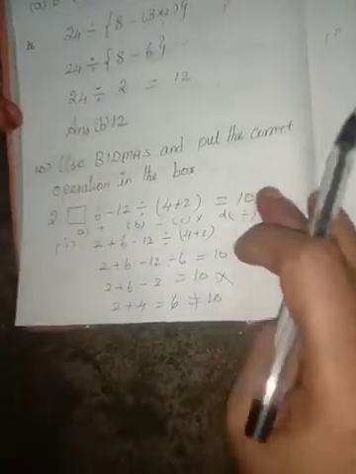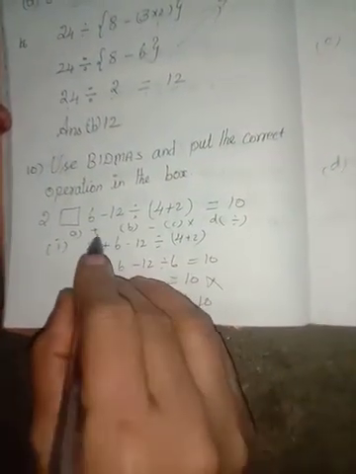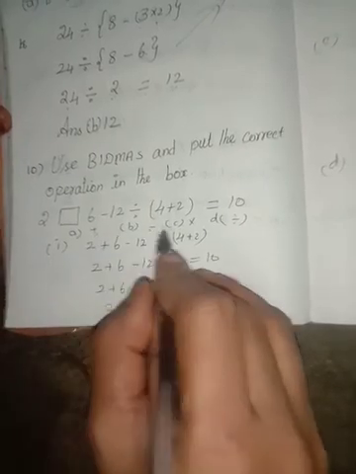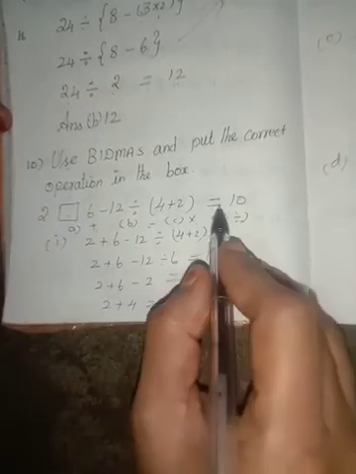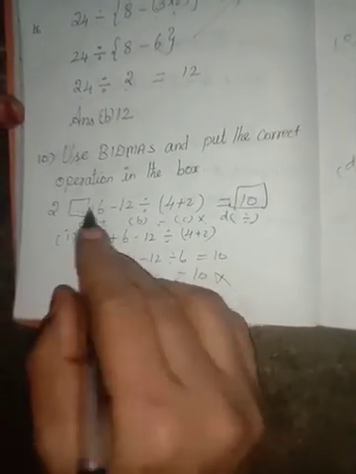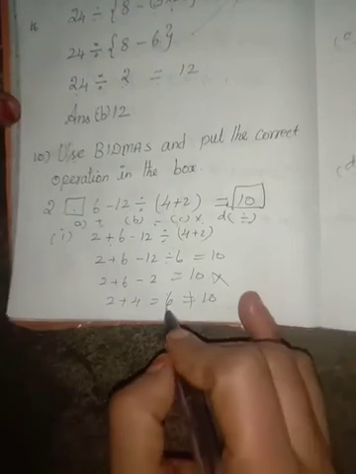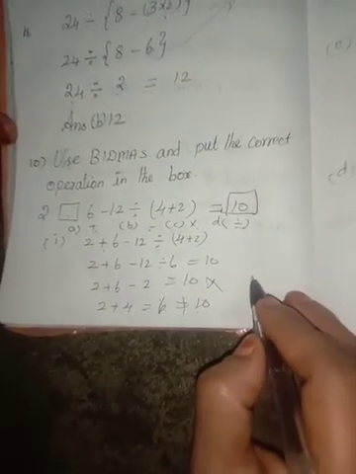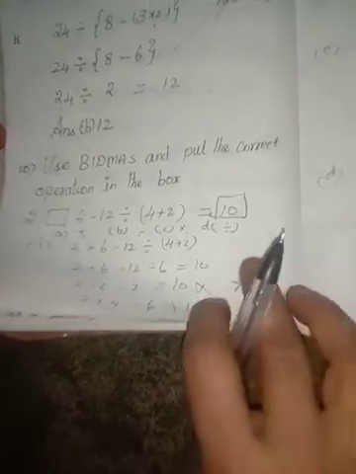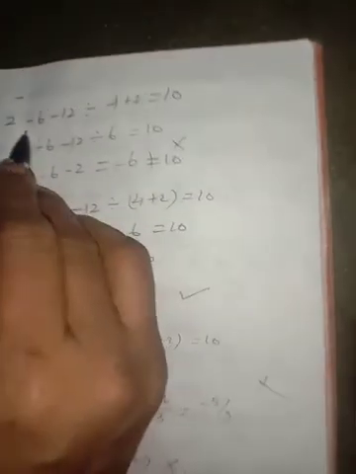Here they give 4 options, 4 operations: plus, minus, into, divide, which is suitable to give the answer 10. First using plus I get the answer 6. It is not equal to the right hand side, so the first option is wrong. Then I use subtraction.